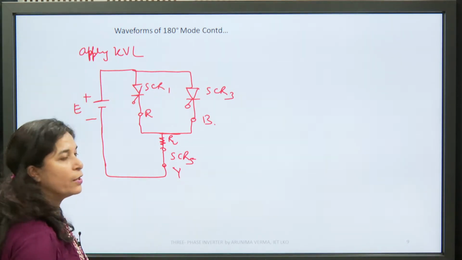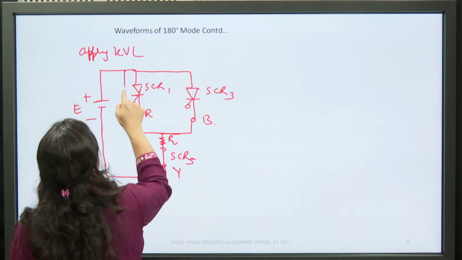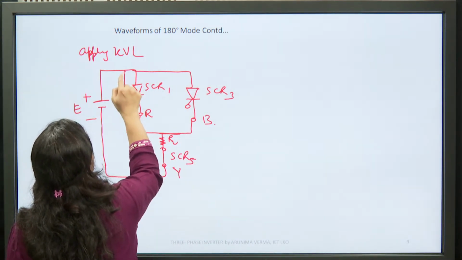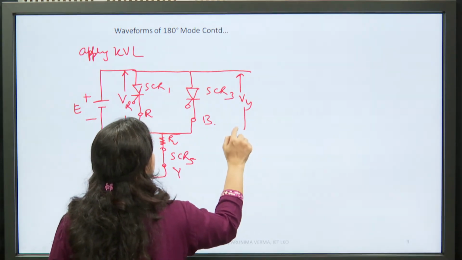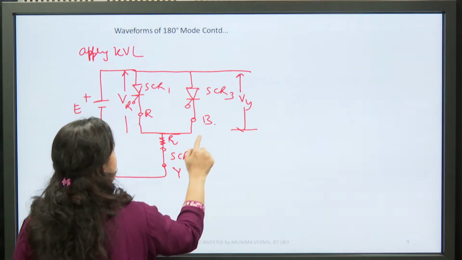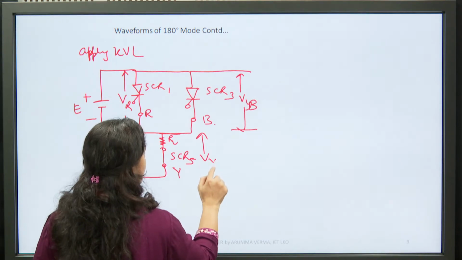Apply KVL and you will find that for SCR 1, this is the VR phase, this is the Vy phase, and this is the Vb phase, and this one is the Vy phase.